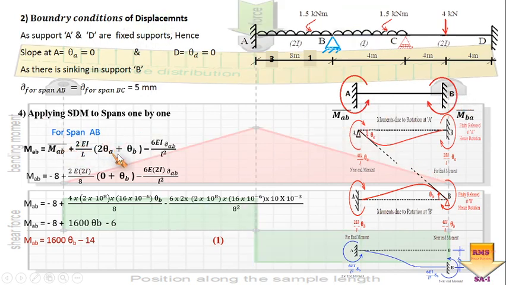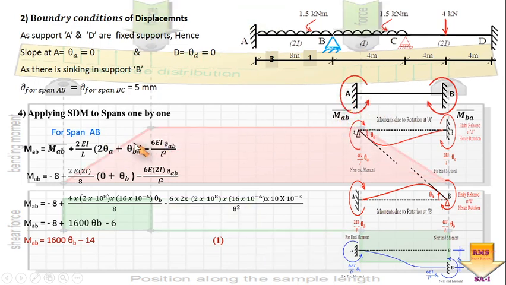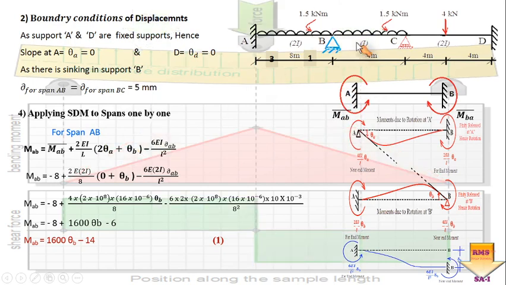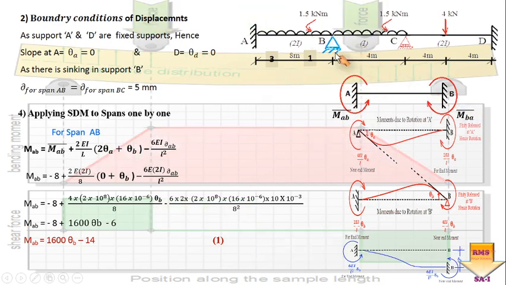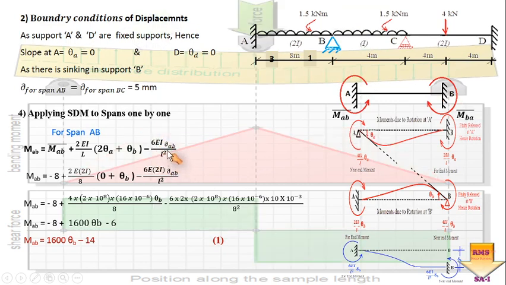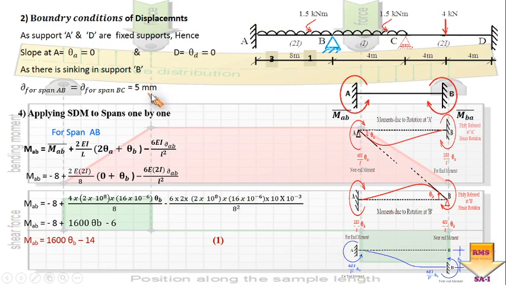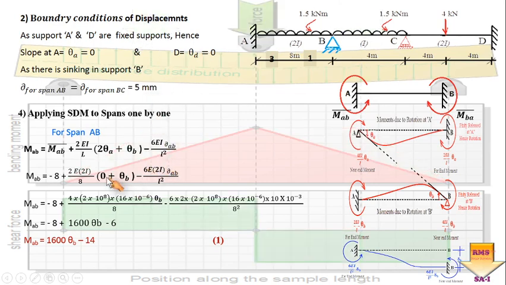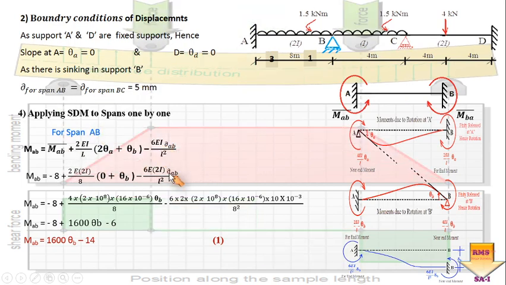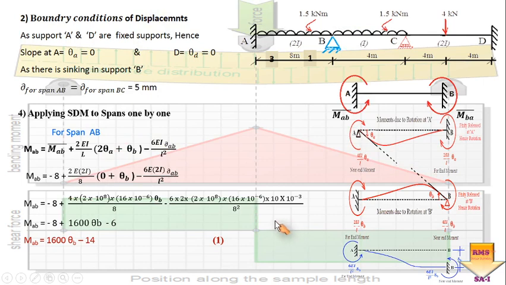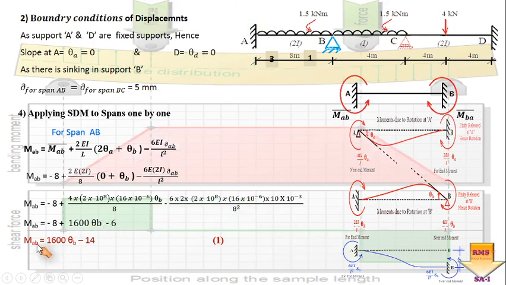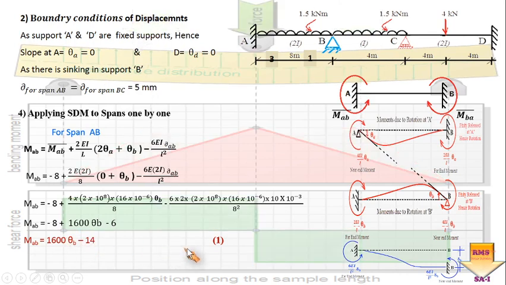Here I am putting the value of MAB. As far as theta A and theta B are concerned, theta A is equal to 0 because it is fixed, while theta B is going to occur because the beam is continuous and it rotates about point B. Delta is going to occur, and its value is given as 5 millimeter. Putting all the boundary conditions and known values in the governing equation and simplifying, you will get MAB equal to 1600 theta B minus 14, calling it equation number 1.